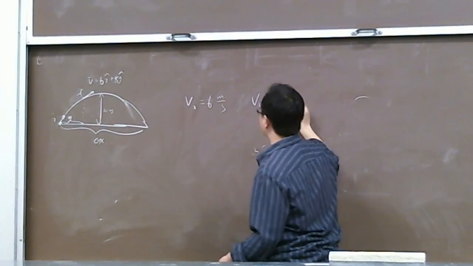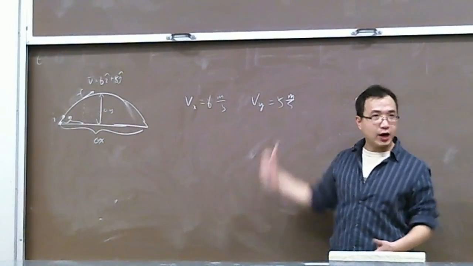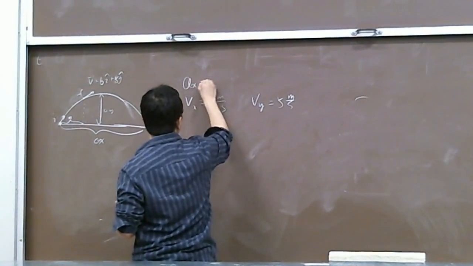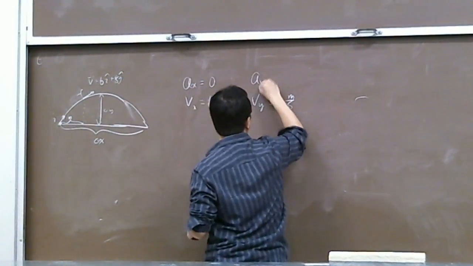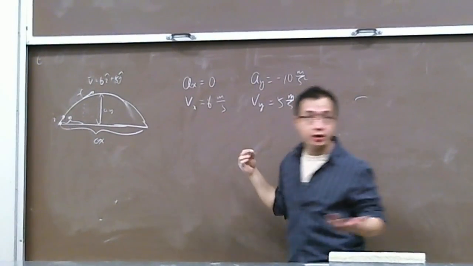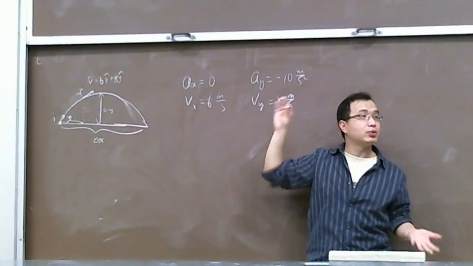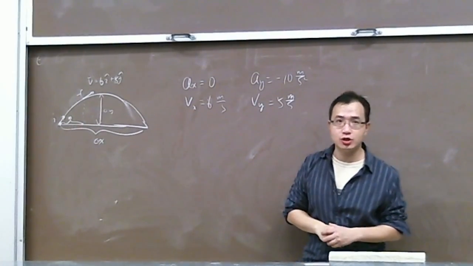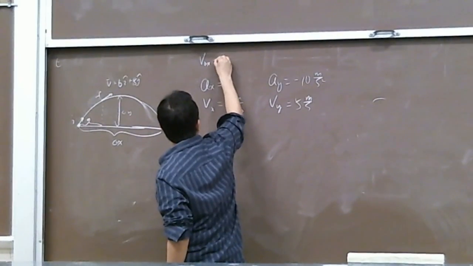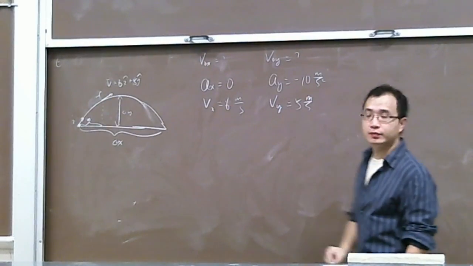So those are the x and y components of the final velocity. And we know ax equals 0 and ay equals negative 10 meters per second squared. That's the acceleration, which is always like that for any projectile motion. It doesn't change, it's constant. And we want to find v naught x and v naught y.